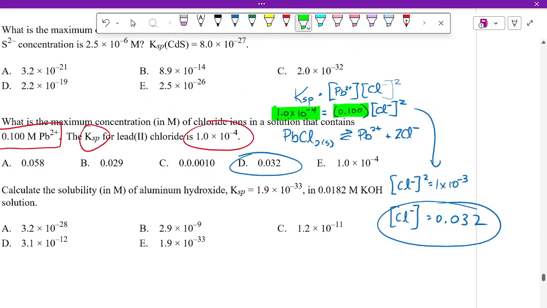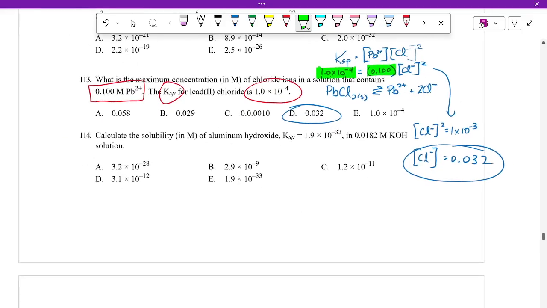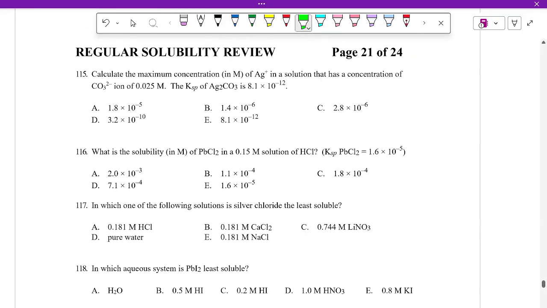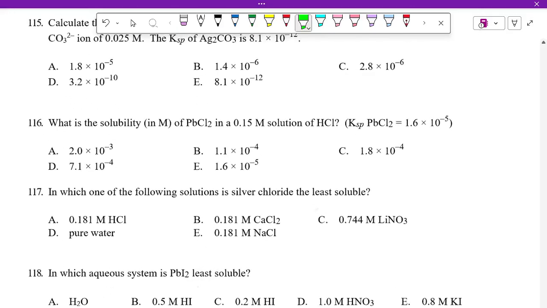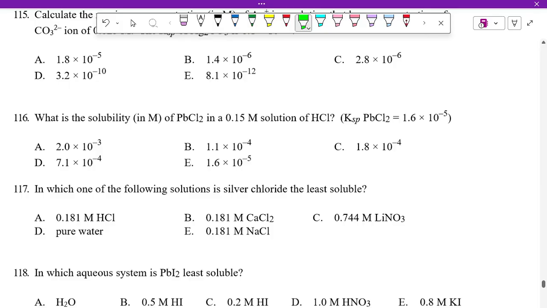Okay, and now 116. What is the solubility of lead chloride in a solution of 0.15 molar HCl?